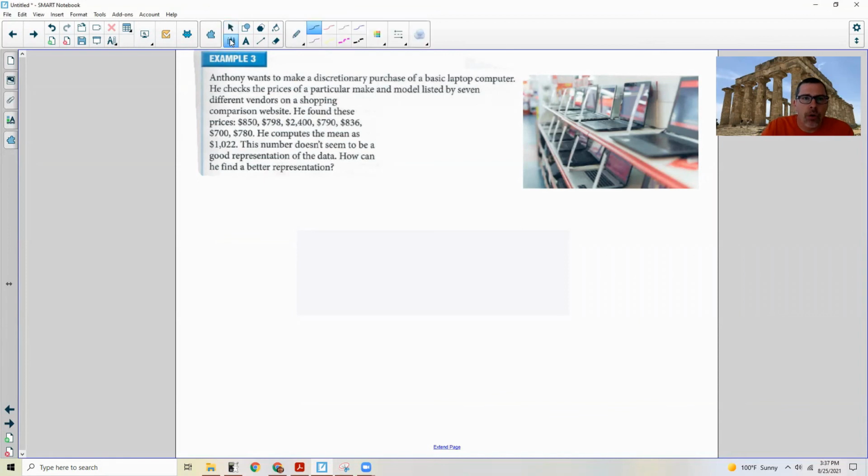Okay, so let me highlight some stuff here. The mean is $1,022. Well, all of these prices are under $1,022 except for this one. This one is causing a problem.